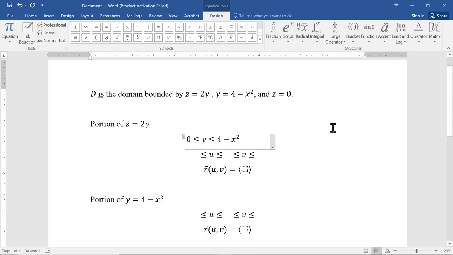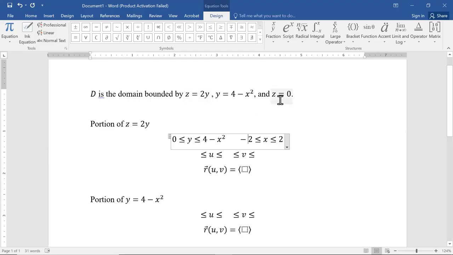So let's write that down. So y value is going to go from 0 to 4 minus x squared. X values are going from -2 to +2. Now I could have figured that out because remember the domain is bounded by z equals 0, and we had z equals 2y.